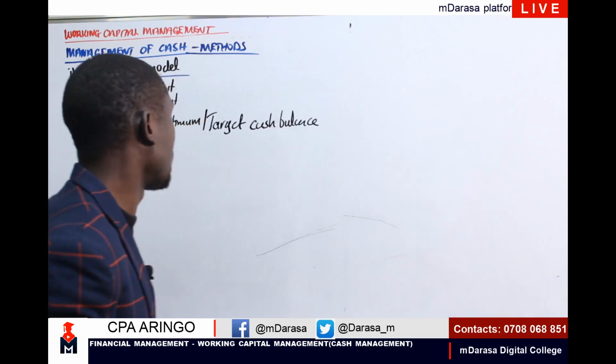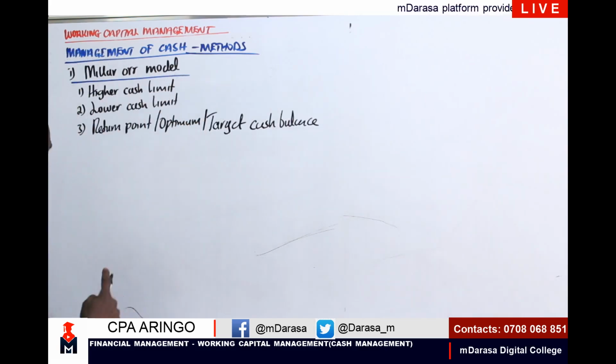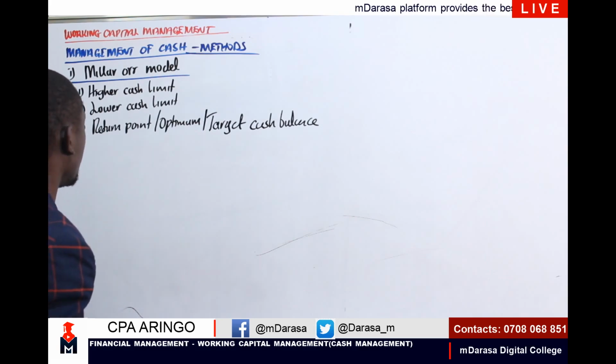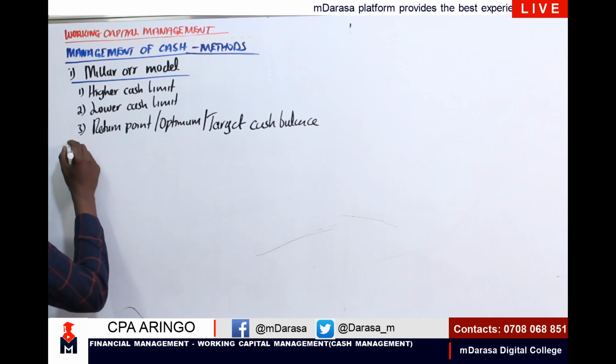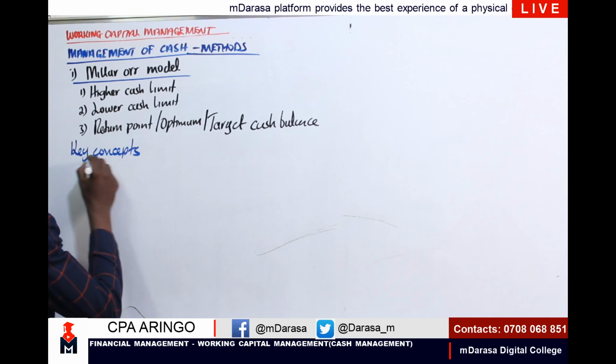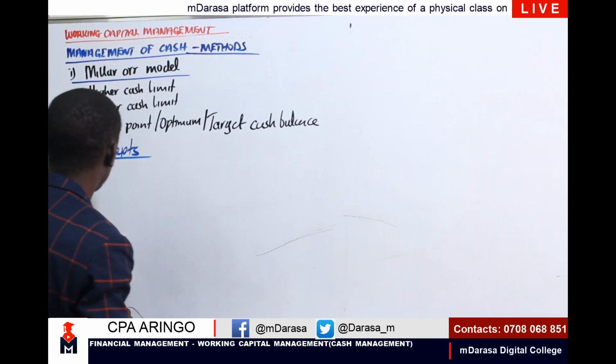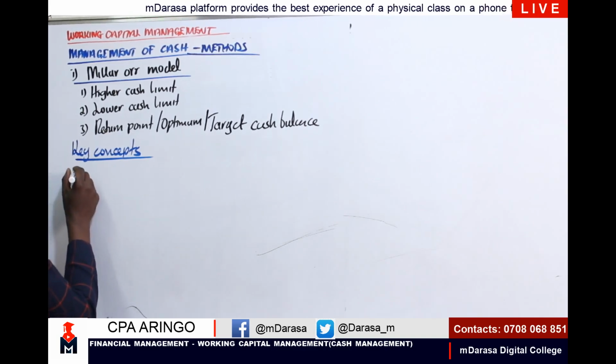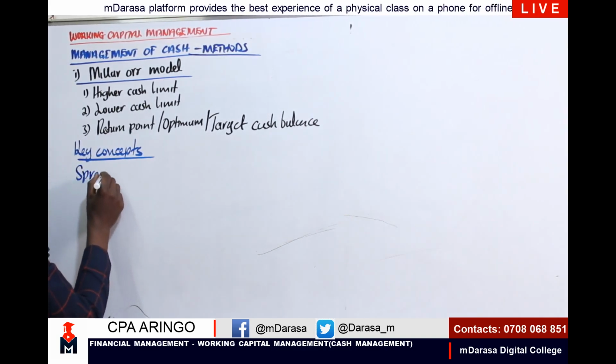Therefore, these are some of the basic concepts, key concepts, that you must always have at the back of your mind. So number one, we are talking of what we are referring to here as spread.